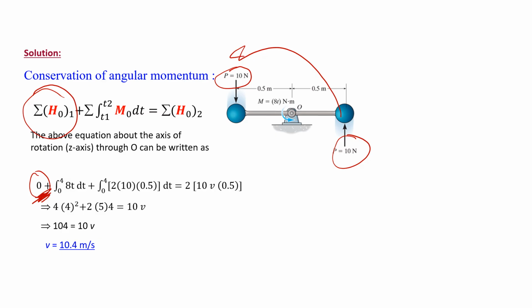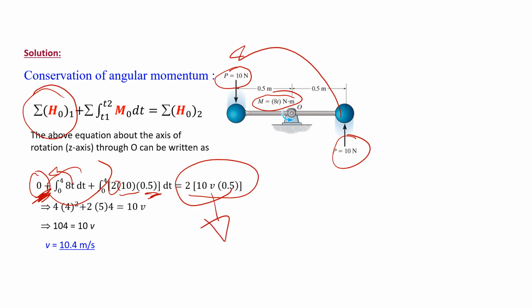Both are in the clockwise direction, so it's 2 times the force multiplied by the perpendicular distance, and this relates to the moment acting. Again, you cannot have this outside of the integration sign, the reason being it is a function of t, and this one is after a certain time. After the calculation you get the final velocity. So that completes the summary.